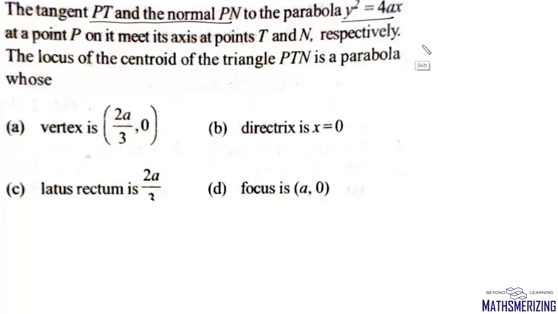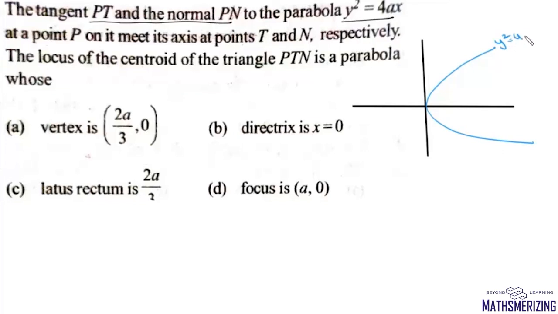So we have this parabola which is y square equals 4x, and on that we have any point P which is (at square, 2at). Now at this point P we have drawn a tangent which meets the x-axis at some point T, and then we have also drawn a normal at this point P which intersects the x-axis at point N.